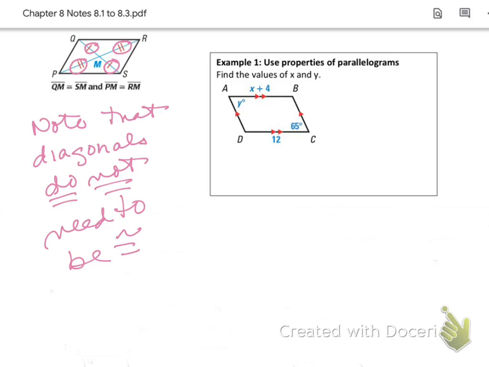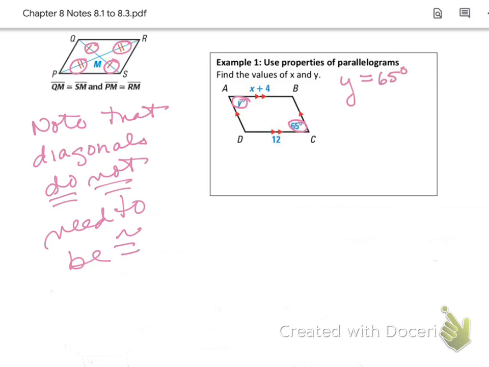Use properties of parallelograms and find x and y. Okay, so look, 65 and y are opposite angles. Opposite angles are congruent, so y will equal 65.